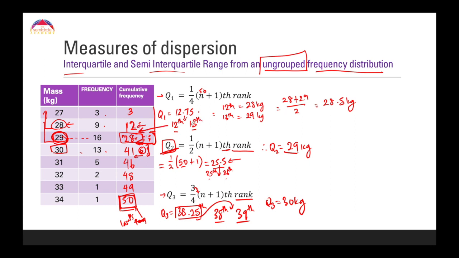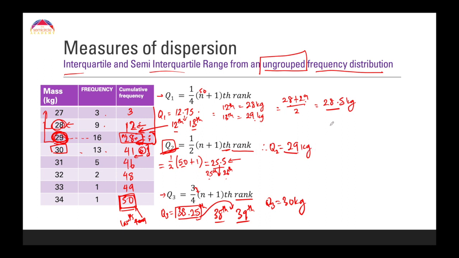The 13th lamb will be the first lamb in the next group. So I'll have to use the values from both groups, right? So this group with the 12th lamb had a value of 28 kilograms. The group with the 13th lamb had a value of 29 kilograms. And so I was able to get my Q1 by adding them and dividing by 2 to get 28.5 kilograms.